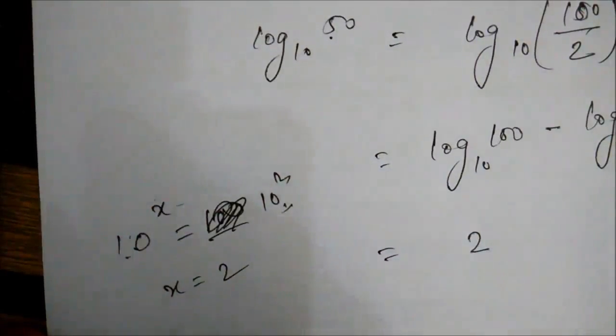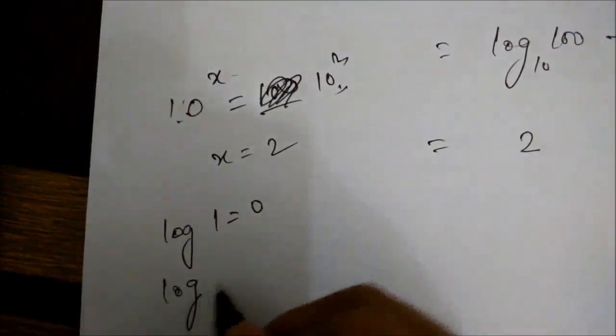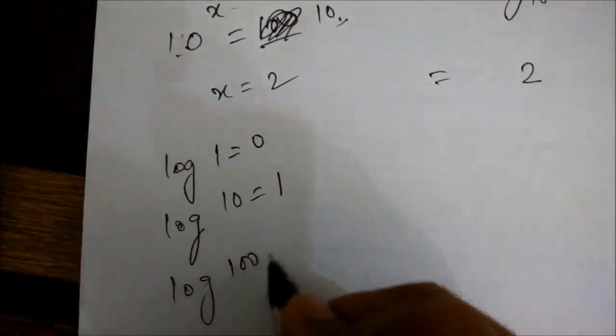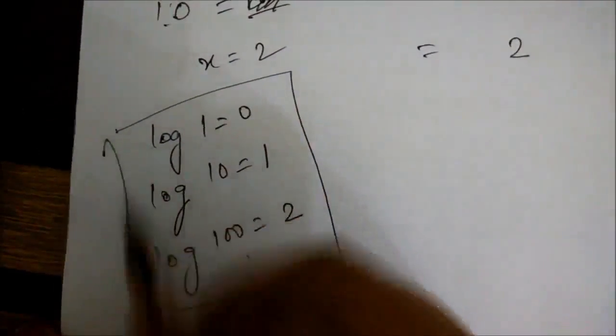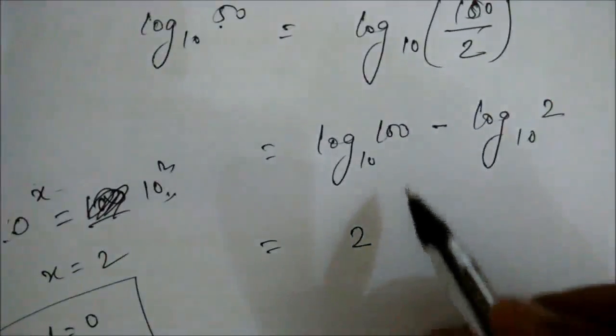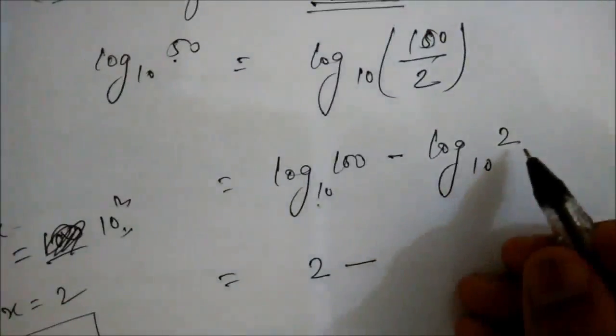So I'll just write log 1 is equal to 0, log 10 is equal to 1, log 100 is equal to 2. These are things that we can remember, and we don't need to compute each time. So straight away log 100 is 2, of course if the base is 10, minus log 2 to the base 10.